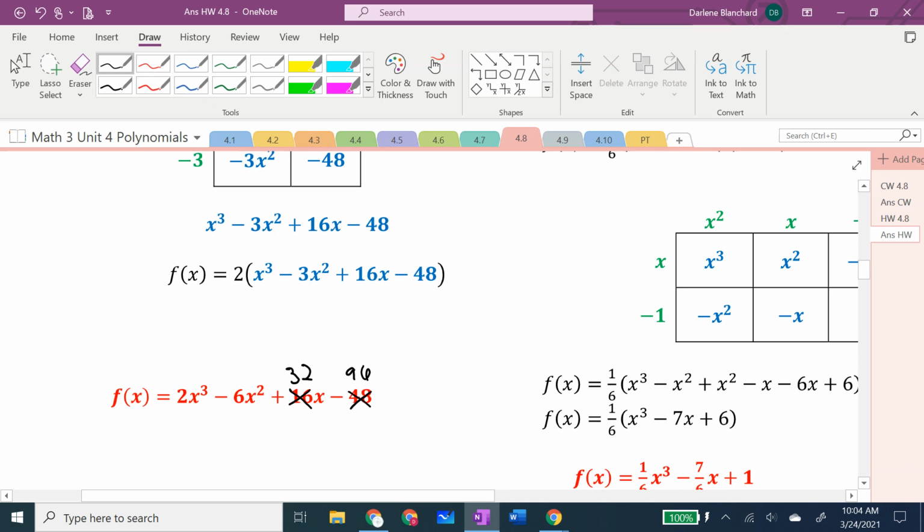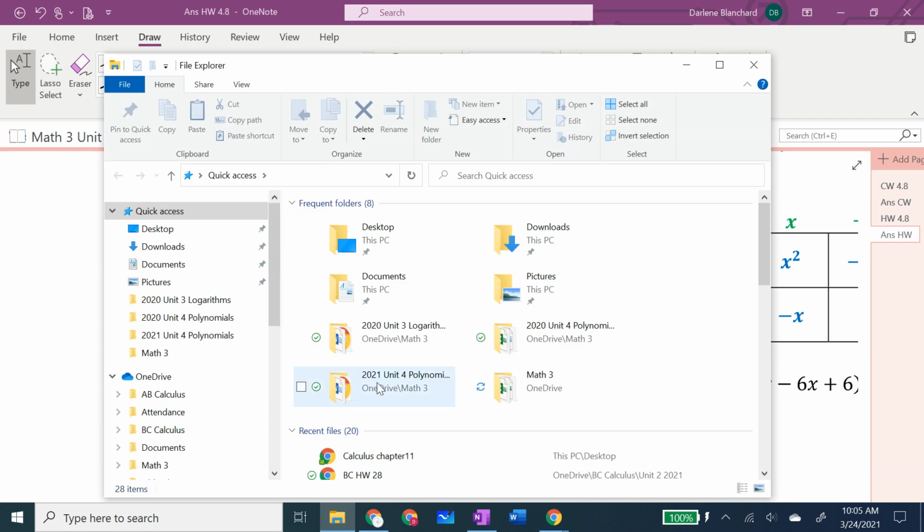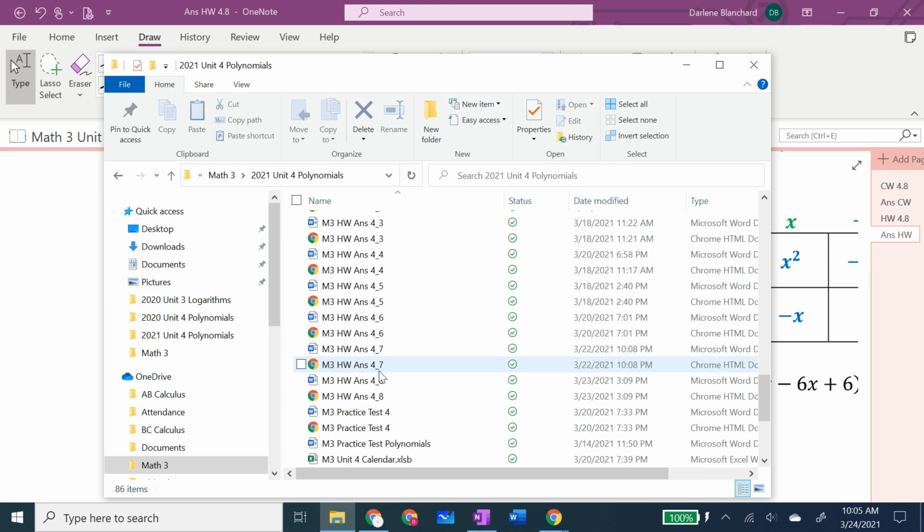Yeah, I am going to have to fix that, and then I'll re-upload the correct answers, provided that I remember to do that. The only way I'm going to remember to do that is if I open it right now. So, and that was homework answers for 4-8.